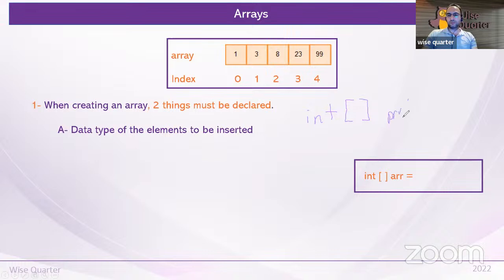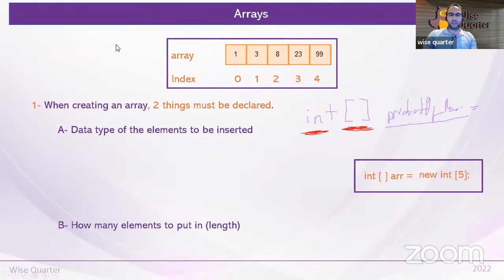Products of market or anything is possible here. Naming is, as you know, as long as you follow the rules, everything is possible. Critical point here, we need to set the data type, and we should use square brackets to say this is an array. If you want to create an array, you should create it like this.